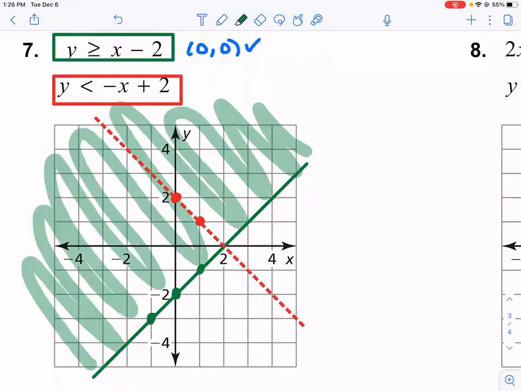Okay, now notice how this first one I have a solid line, but the second one we have a dotted line. Nirvan, how did I know to do that? Okay, since there's no equal here, we need a dotted line. Okay, Aiden, what point did you test for this second inequality? Okay, and what happened with 0, 0? Did it work?